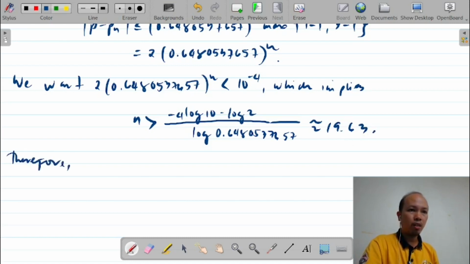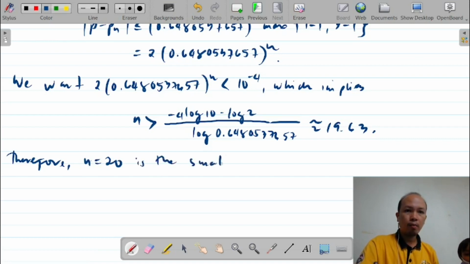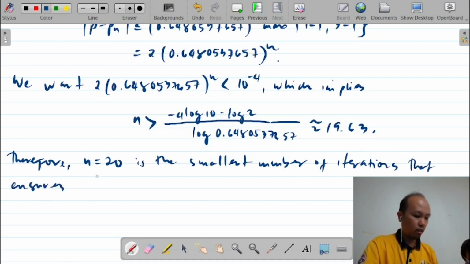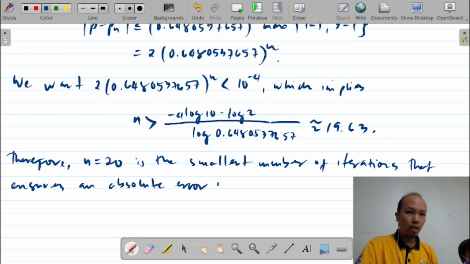Therefore n is equal to 20 is the smallest number of iterations that ensures an absolute error of 10 to the negative 4.